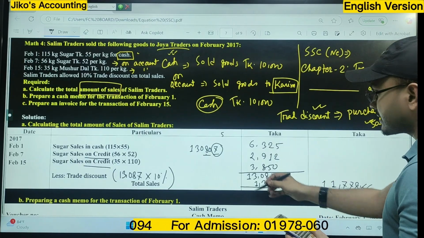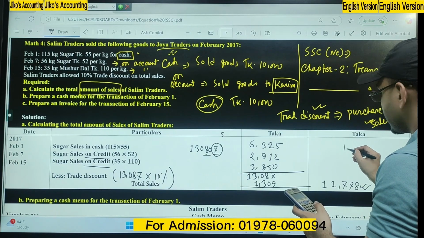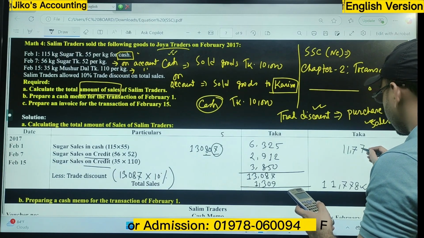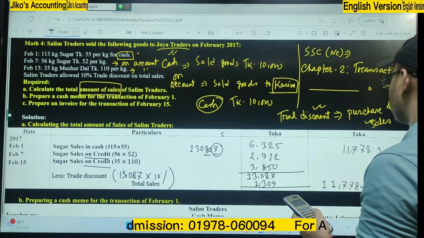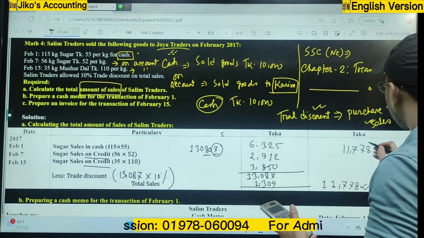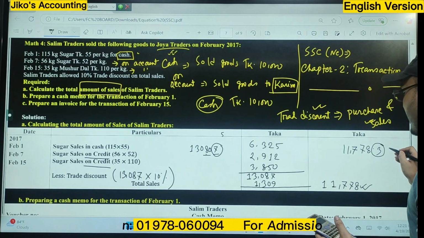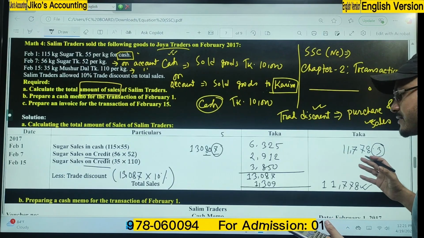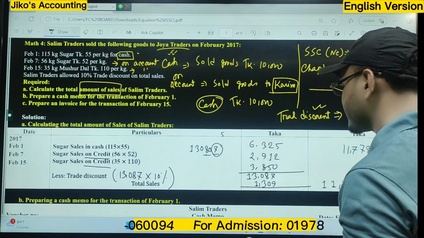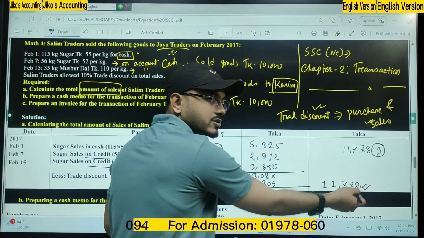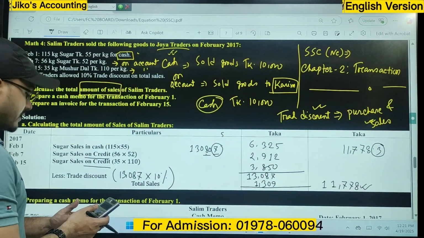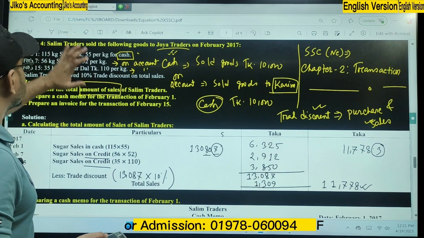But if you deduct this amount directly, at the time you will get how much? 11,778.3. So same answer. After decimal, as it is a below 5 digit, it's not mandatory to write down, same answer you will get. But if you write down this figure also, it would be also the right answer. Is it okay, sir? Our first requirement is done.